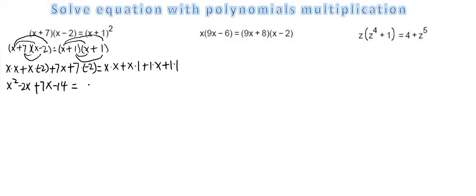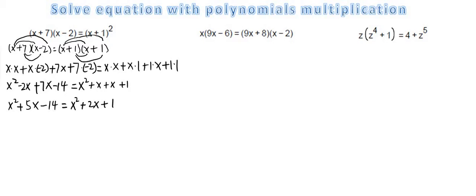And for the right hand side, we have x squared plus x plus x plus 1. So we have x squared plus 5x, subtract 14. And for the right hand side, we have x squared plus 2x plus 1.